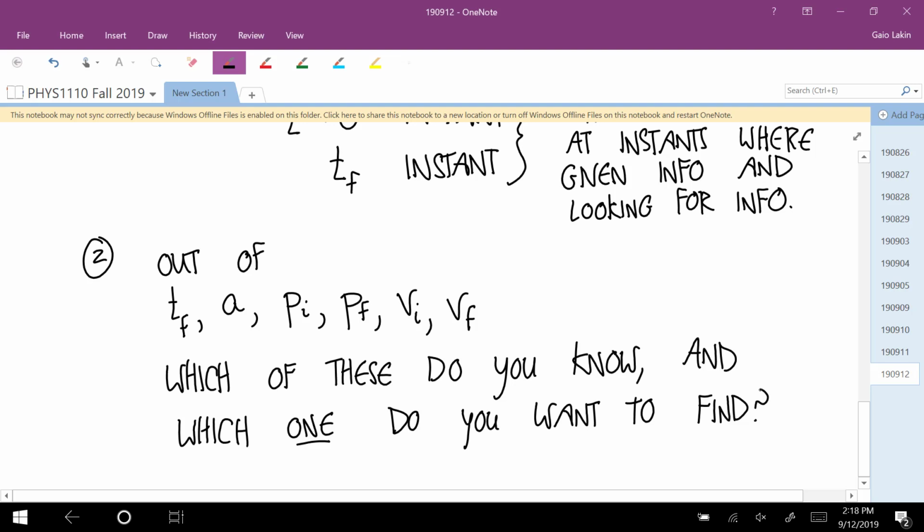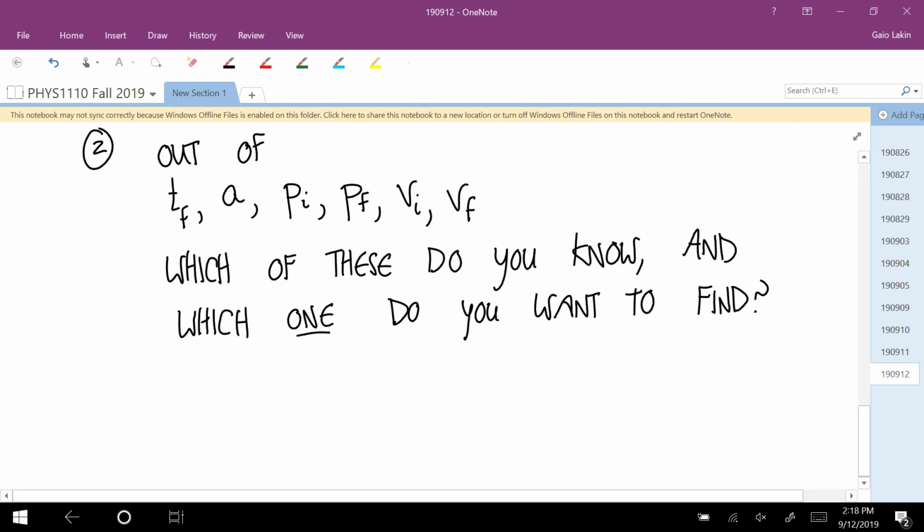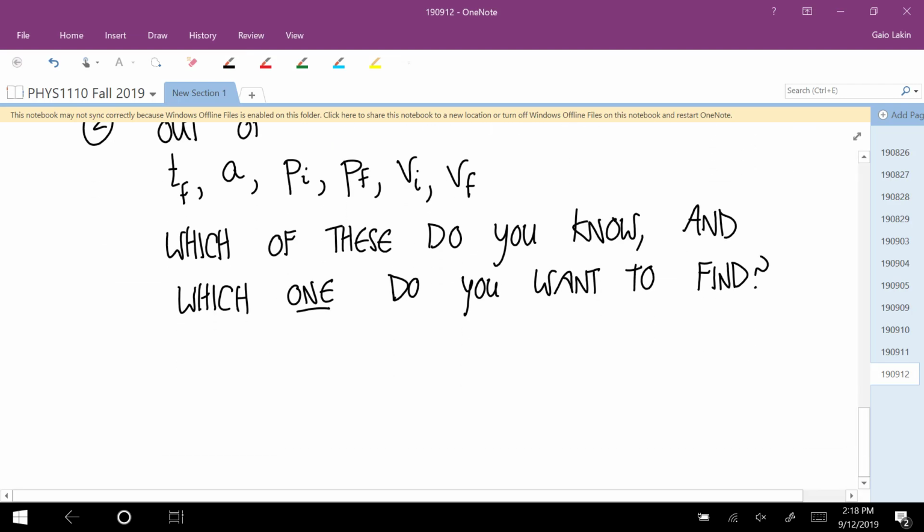In the car example last time, the thing that we were trying to find was acceleration. So A is the variable you're trying to find. The stuff that we knew going into it was, I think, P initial, P final, V initial, and V final. I usually list these out.